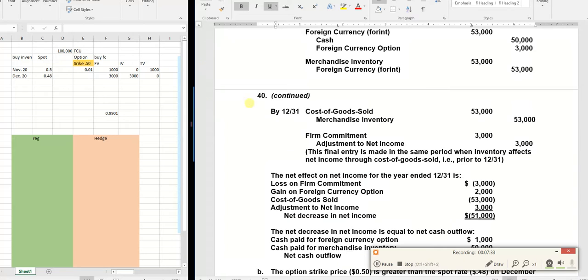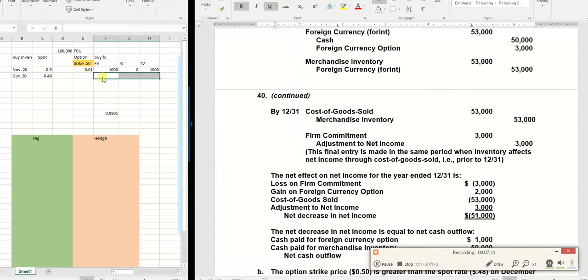Okay, so now I'm going to buy it for 0.48. Now let's go through and fill this out again. Delete that. Okay, so I paid 0.01 for it, so 100,000 times 0.01 is 100,000.